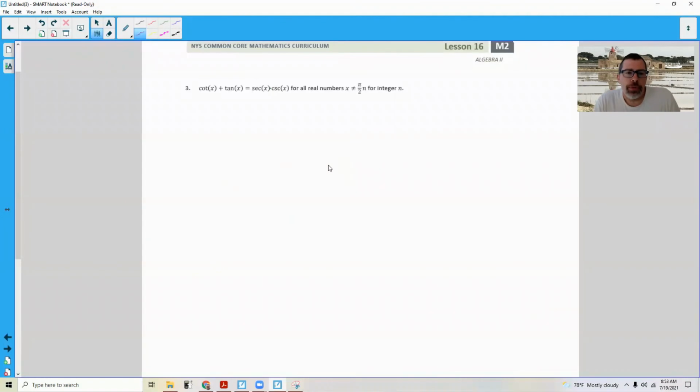All right, page 5, number 3 says the cotangent of x plus the tangent of x equals secant x times cosecant x for all real numbers x that do not equal pi over 2 times some n. They could have used k here for consistency, but n is okay.